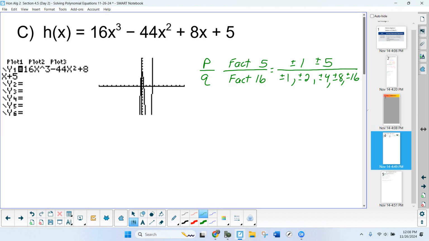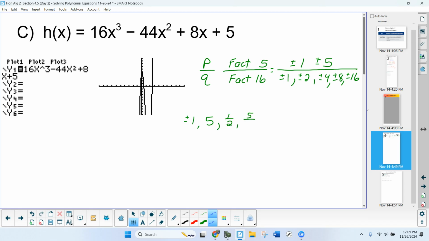So now divide. This one we have to divide. Yesterday they were all over 1. Now we have 1 over 1 and 5 over 1, so that would just be plus or minus 1 or 5. I'm going to put the plus or minus out front and know it applies to all numbers. Now I have to put them all over what? 2. So this would be 1/2 and 5/2.